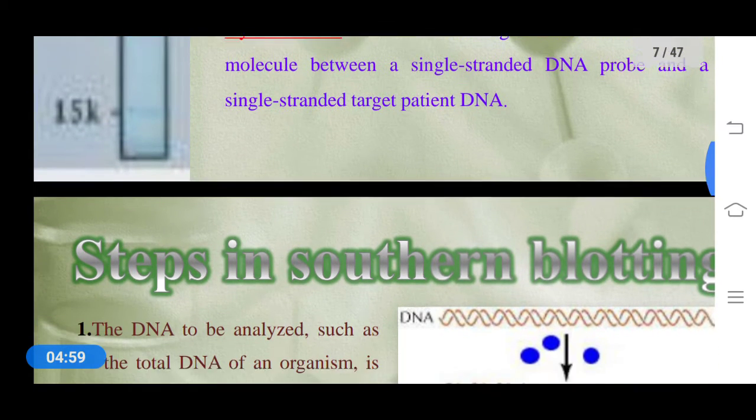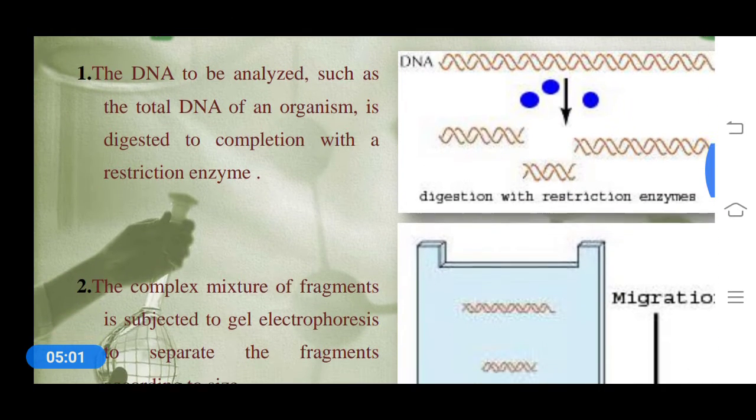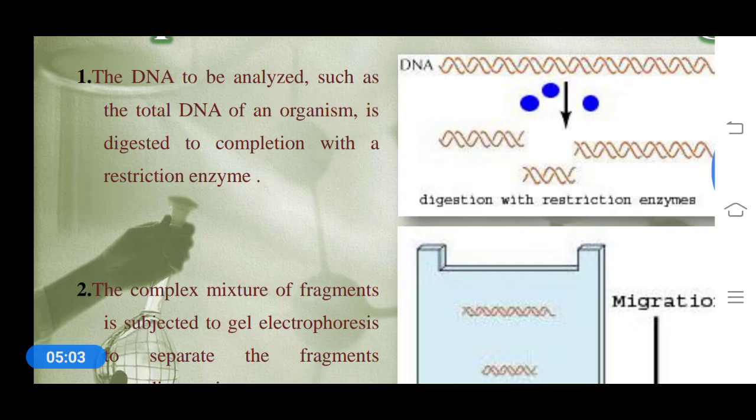If you see the steps, firstly we separate the DNA from the cell, and this DNA which we are going to analyze is treated with restriction enzymes to get restriction fragments of DNA.